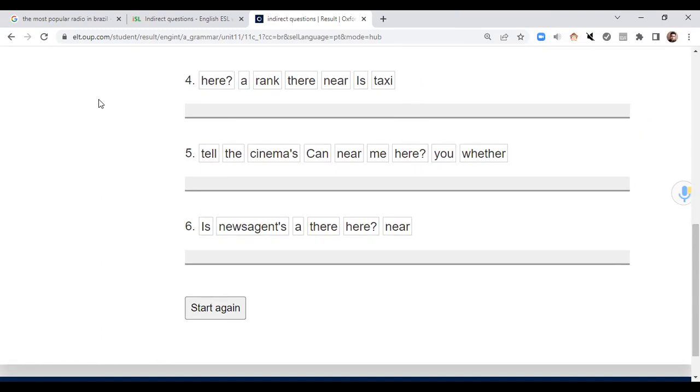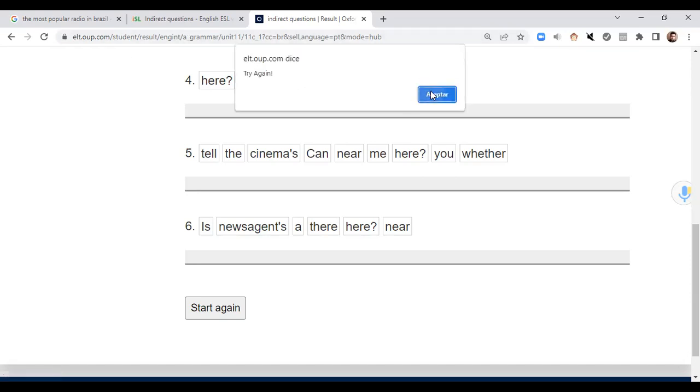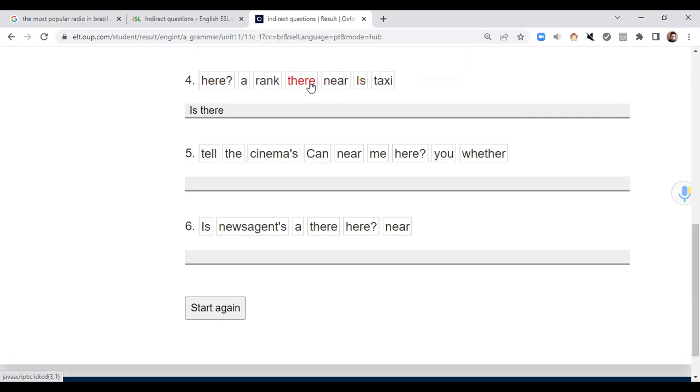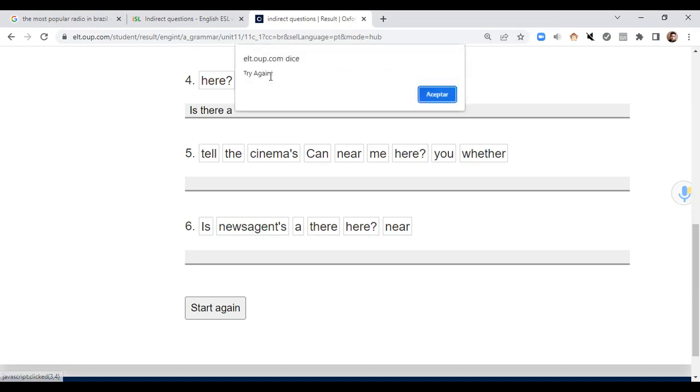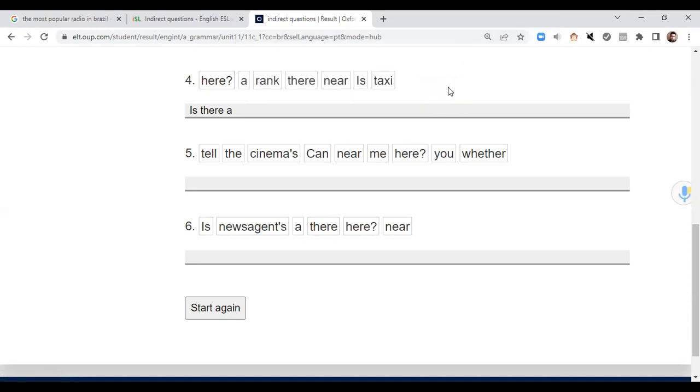Is there a taxi rank near here? Here is another example. Very good.